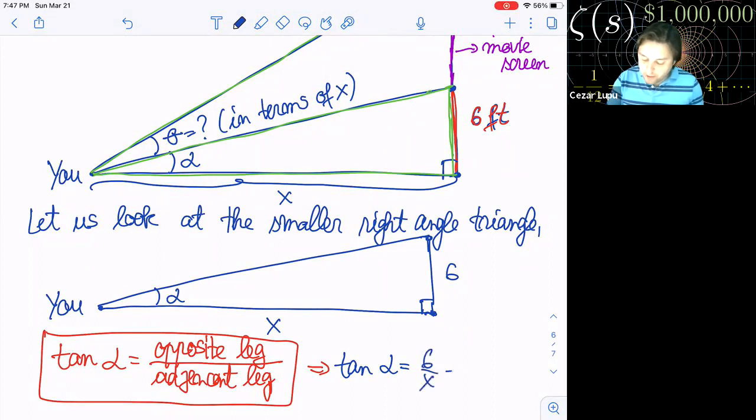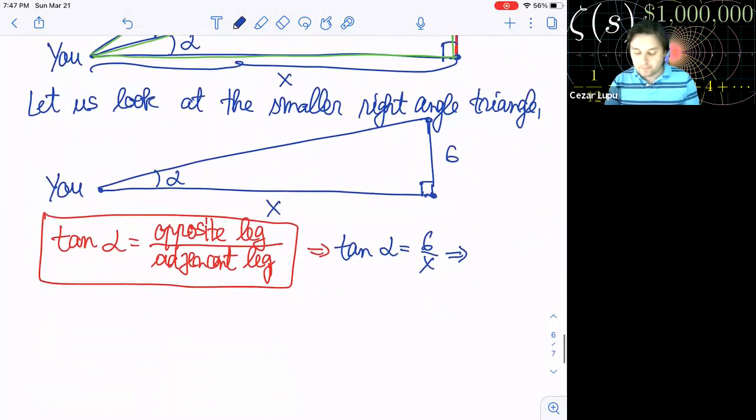So this means that alpha is what? Can you tell me? What is alpha here? If tangent of alpha is 6 over x, alpha will be what? Is what? I want to hear. This is the very first lecture that we did.